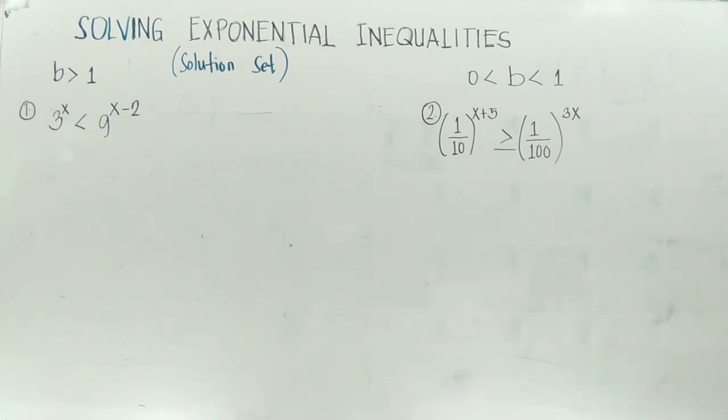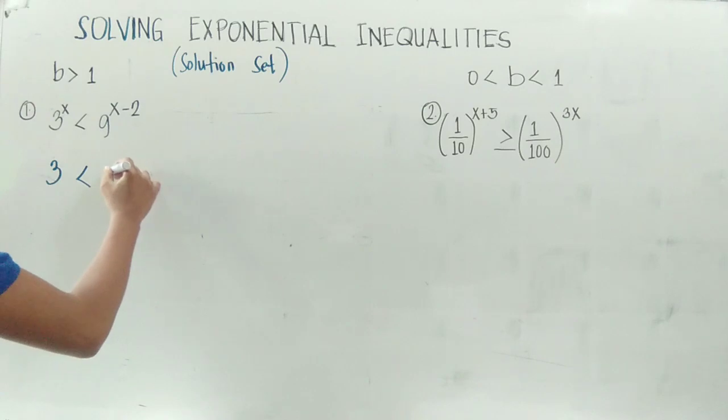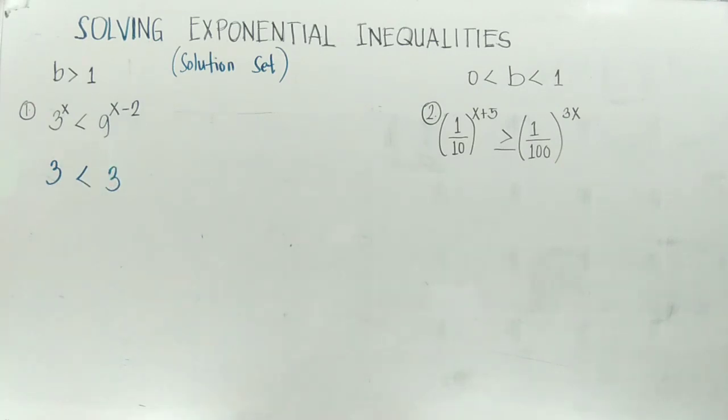Just like solving exponential equations, we will be using the one-to-one property. That means we will rewrite the exponential expression on both sides of the inequality and make the bases the same.